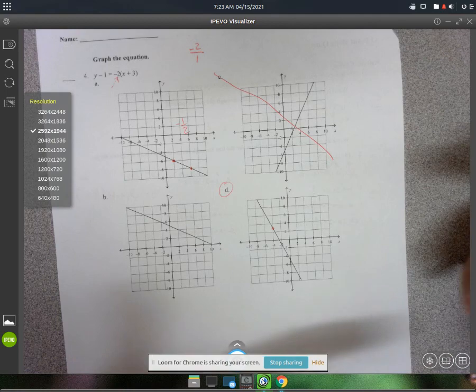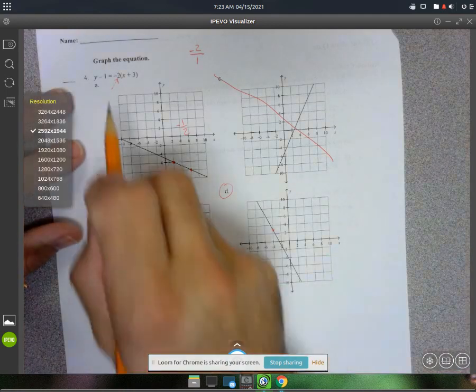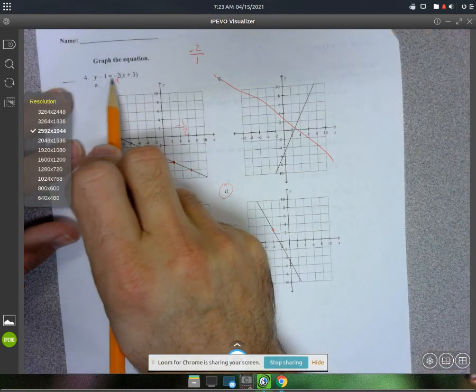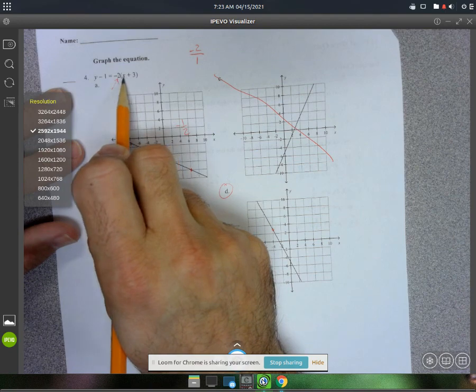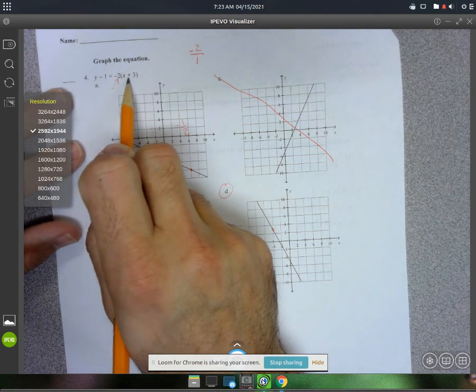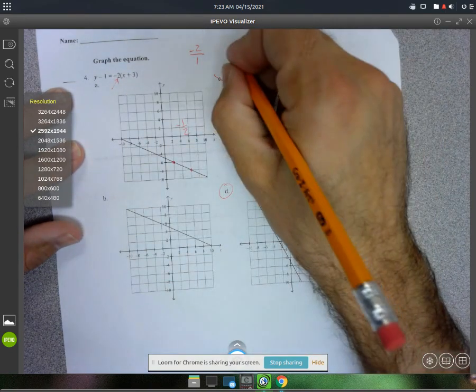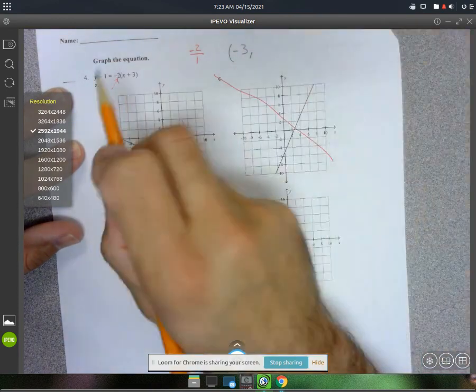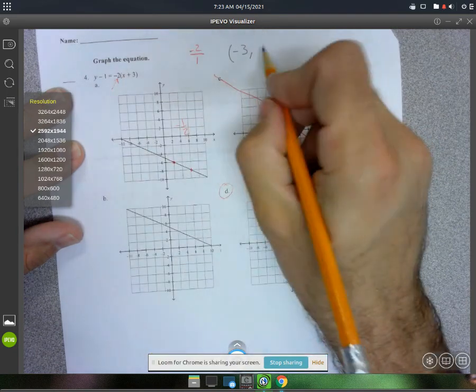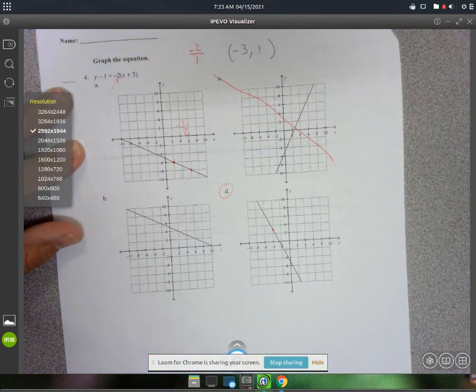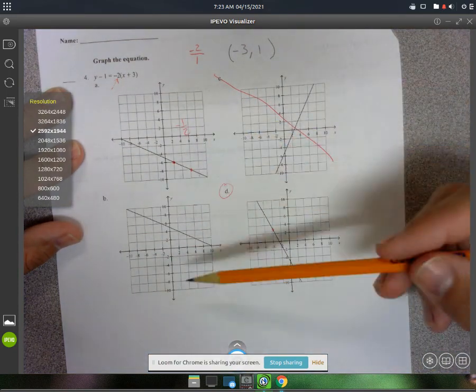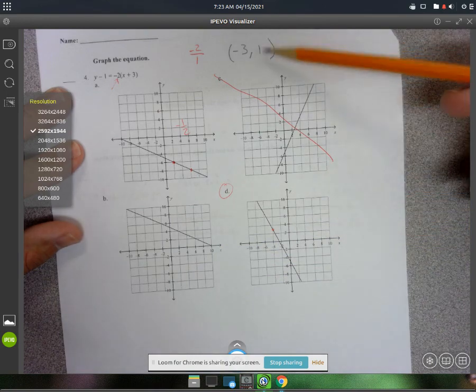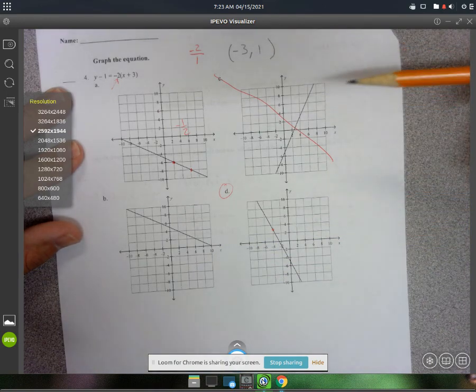The other way that you could answer this is based off of the point that it represents. It shows x plus 3 here, so the point that it passes through is a negative 3 for the x and a positive 1 for the y. So you need to look for which of these graphs contains the point negative 3 comma 1.